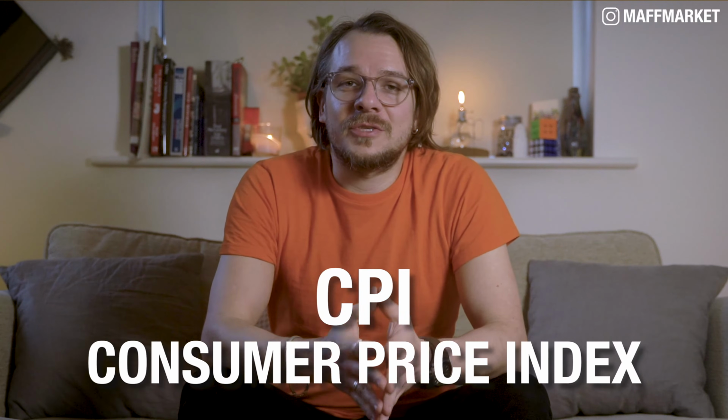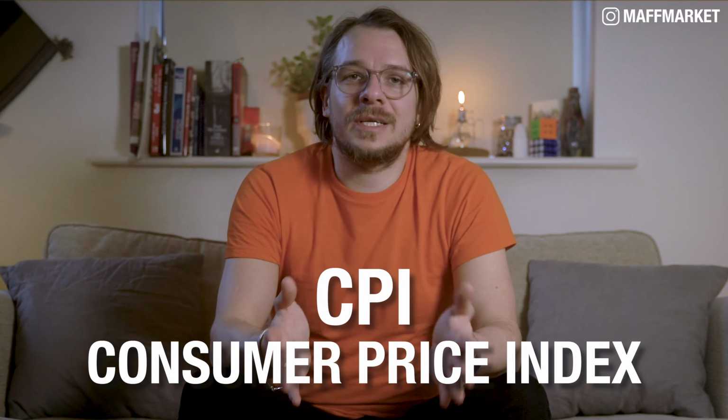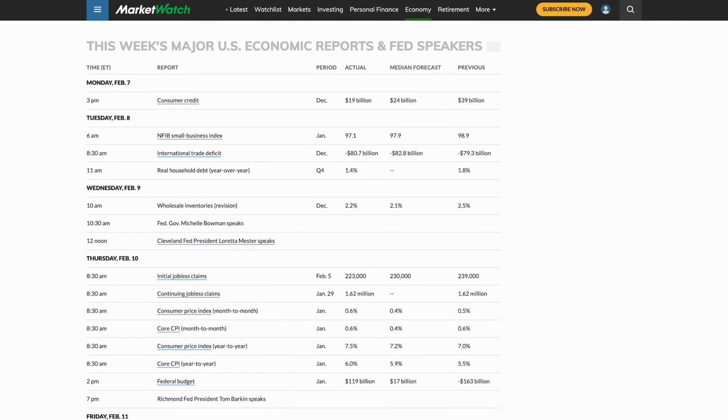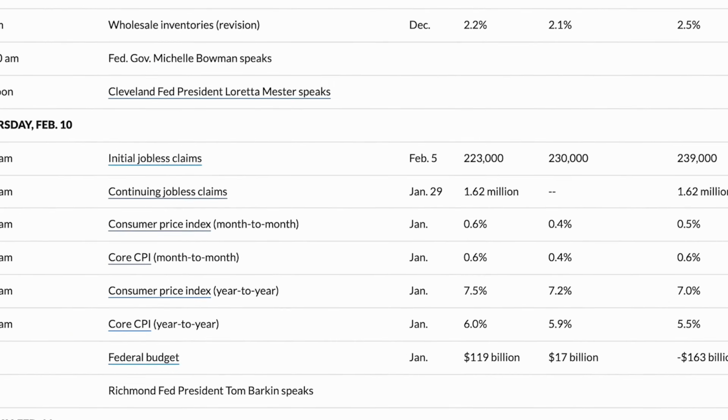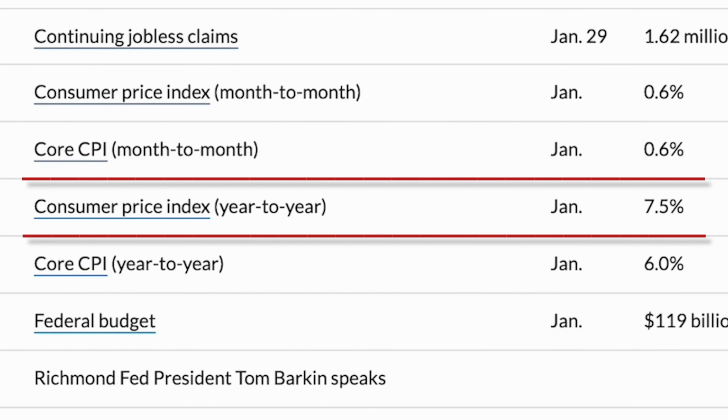Now, stay with me. We measure the rate of inflation by looking at the CPI, or the Consumer Price Index, which is also released every month, and it's generally regarded as a barometer of overall economic health. The CPI is a percentage that represents the difference in the cost of a basket of goods and services from month to month, showing the change in prices that consumers pay for things over time.